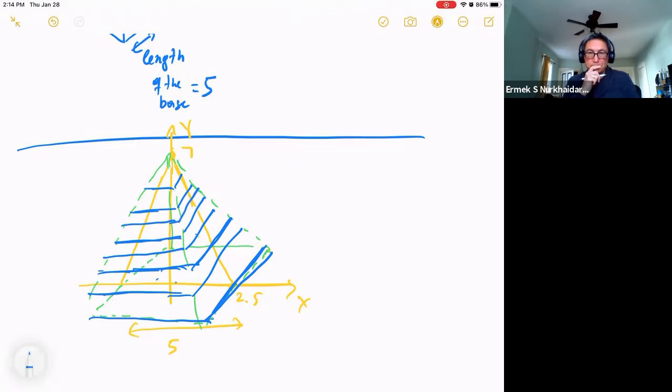Do we see slices? Okay. Then essentially, using the shortcut, we know what the volume is going to be.